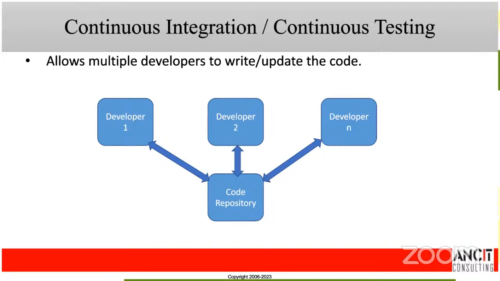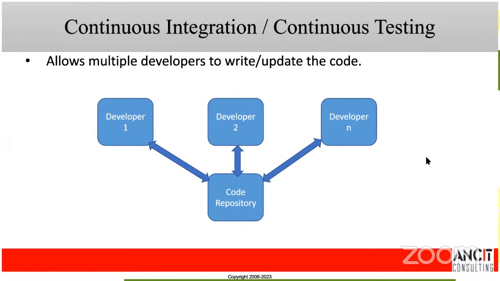In our case, we will be discussing GitHub as the code repository. The idea is that these developers only have to worry about their own code. They don't have to go through the headache of talking with each other and integrating their code, or worrying about what happens if one person commits one piece of code and another commits some other code, and there is a clash between the codes in terms of errors. All these nitty-gritties need not be worried about.